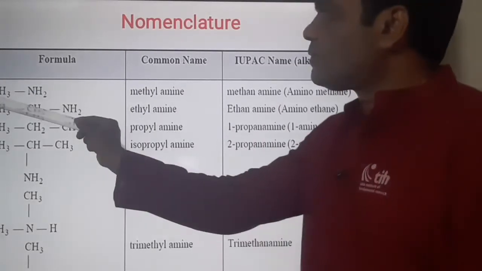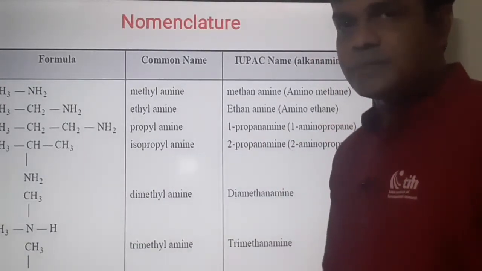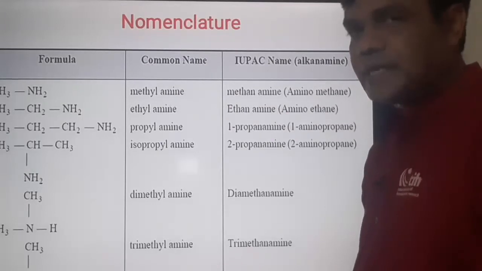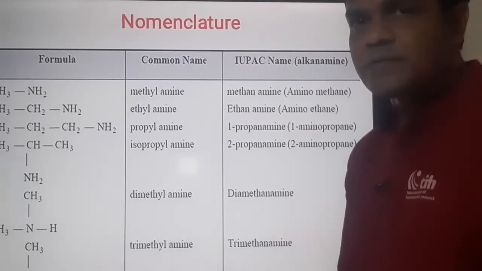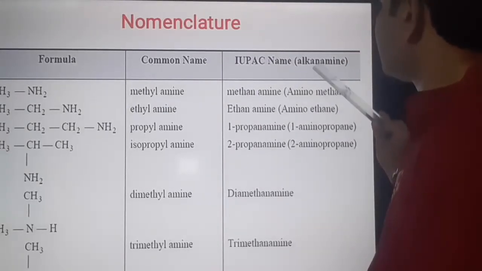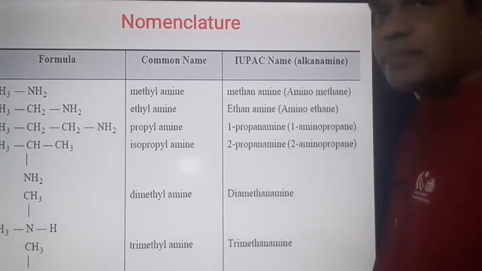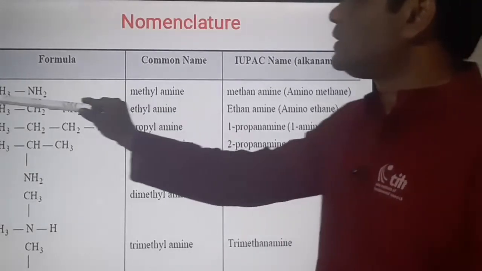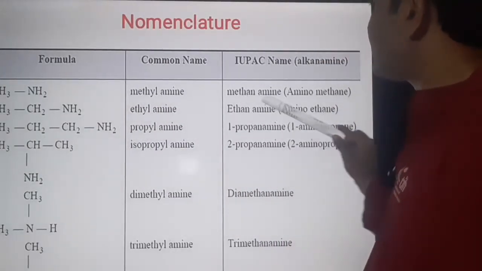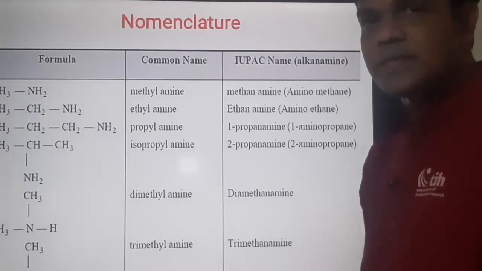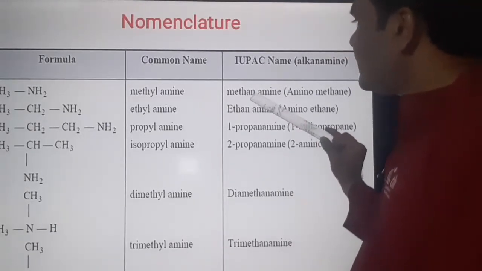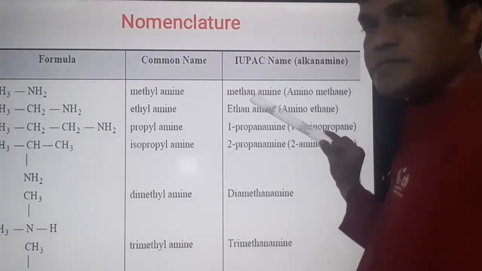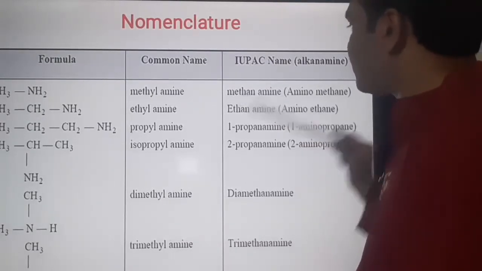Now see here, methyl group is there, one carbon, so it is the derivative of methane. While writing the IUPAC nomenclature, you have to replace E of alkane by word amine. So, as here it is the derivative of methane, it is methanamine. Replace E of methane by amine, methanamine. Sorry, here there should not be a space, it should be in continuation, methanamine.